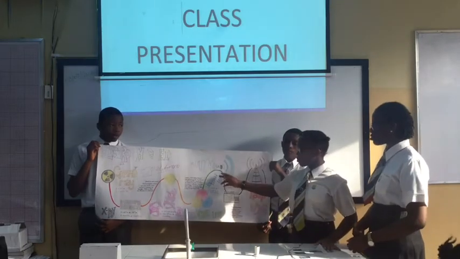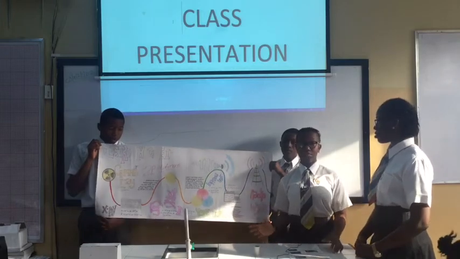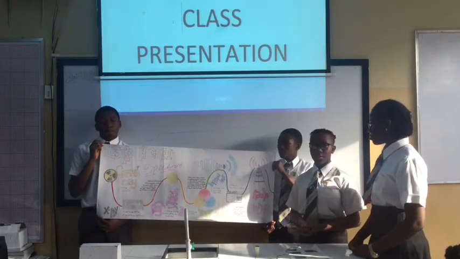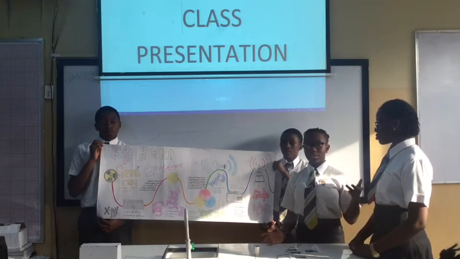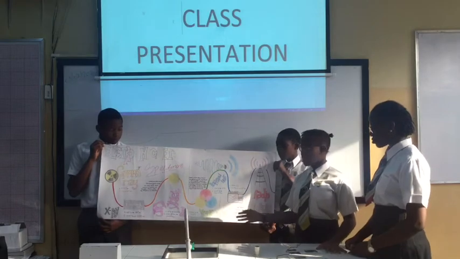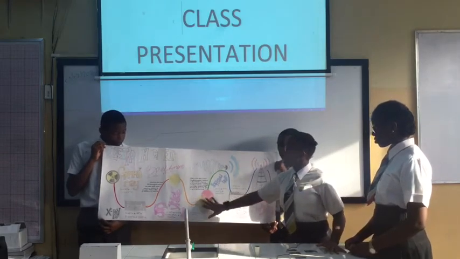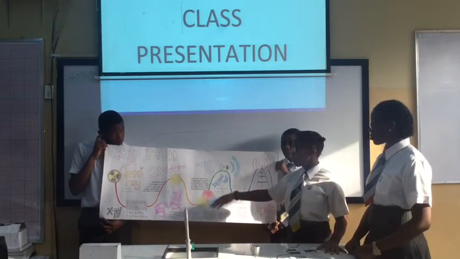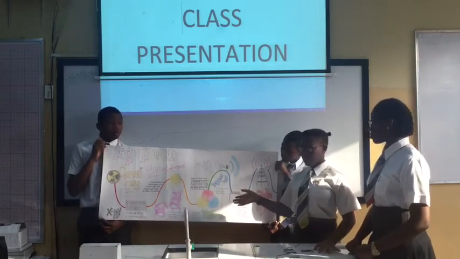Now we have visible light. Light is used in our everyday lives to do different things like reading, and moving around so we can see in the dark. Even in our classroom, we have light bulbs, so that's where visible light falls under. And as you can see, we colored it in a way that shows the primary colors and how they mix to form secondary colors and tertiary colors.